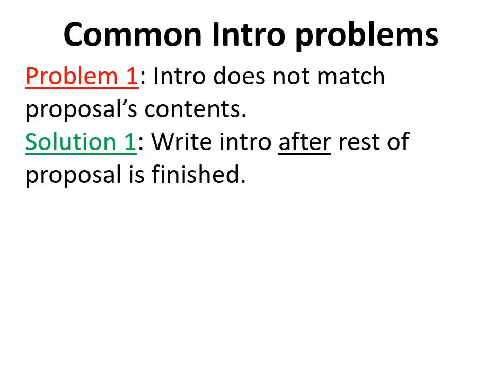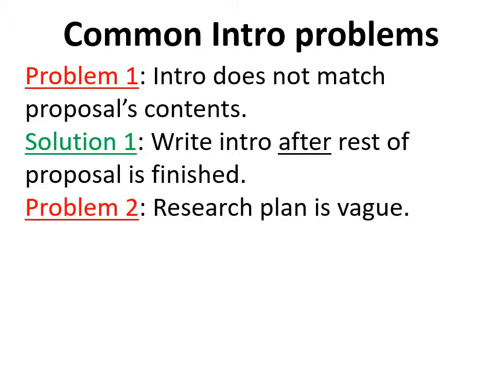All right, let's move on to the second problem. Another problem I've seen is that the plan is vague, so it's not really clear to me what the research question is, or the research question can be more precise. It's not clear what the logical structure is. It's not clear what kind of data are being collected.